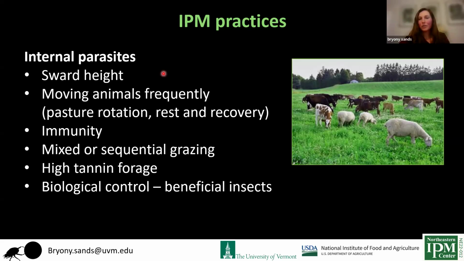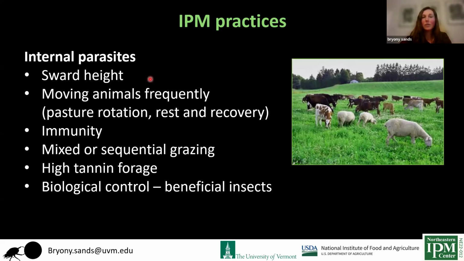So it's known that worm larvae, for example, will only be found in the bottom 4 inches near to the soil where it's moist. They won't climb up much higher than that because they risk dying. So if we are making sure that our animals are not grazing down to that bottom 4 inches, we're hopefully avoiding them even coming into contact with these parasites.